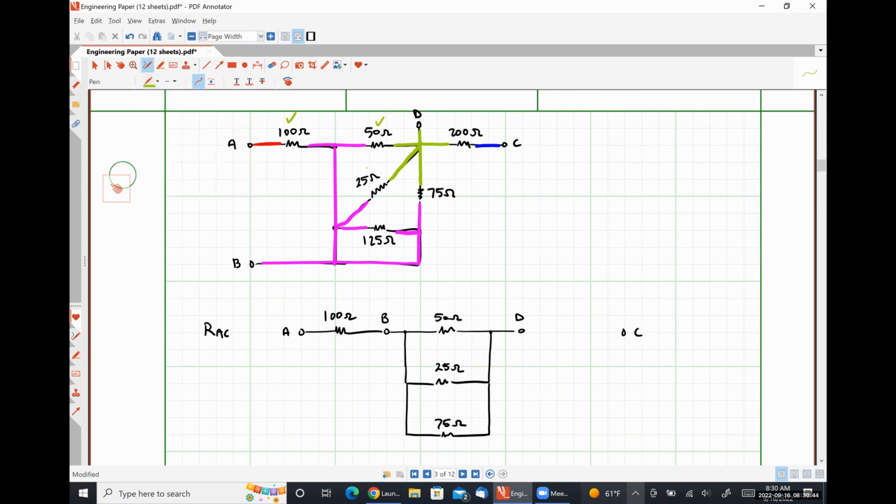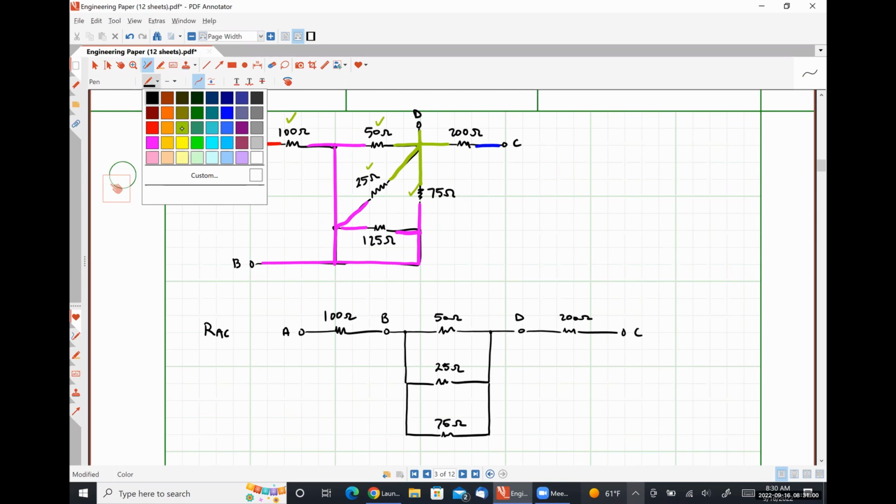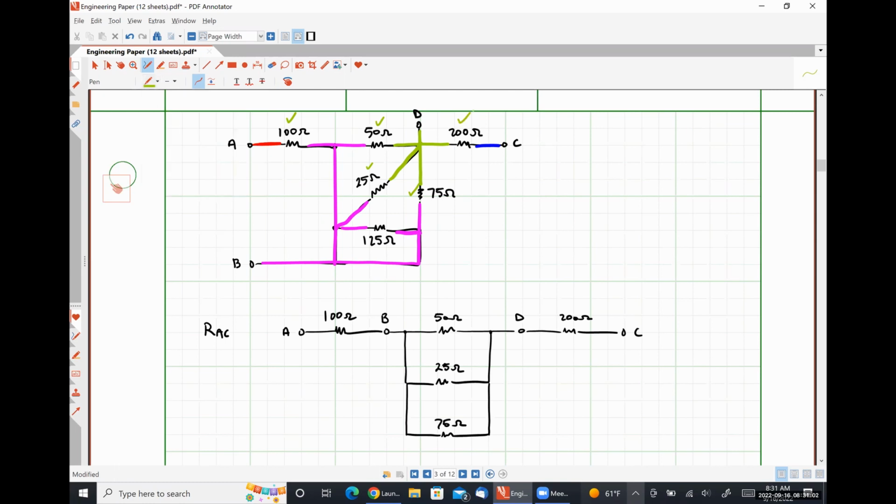And I'm going to go check, check, and check. And lastly, I can go from D to C through my 200 ohm resistor, like so, and put a check mark here.